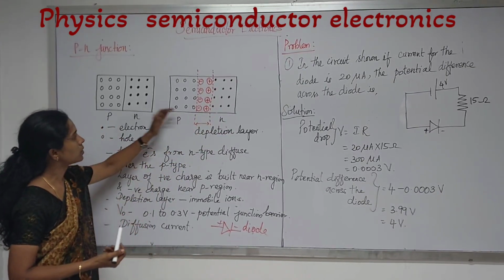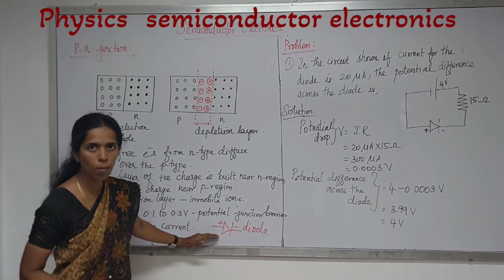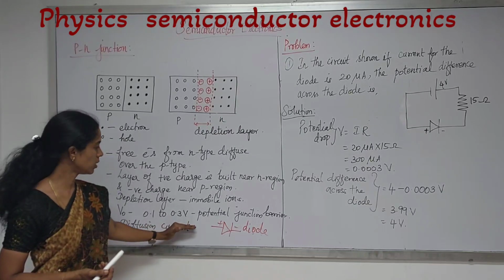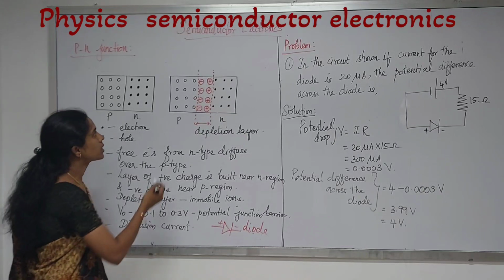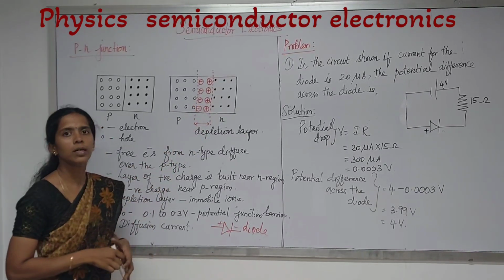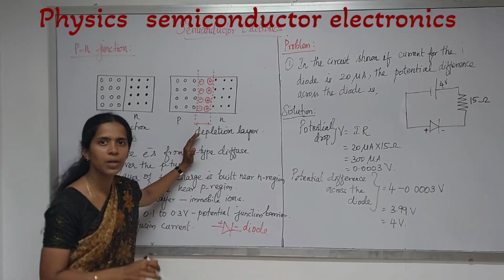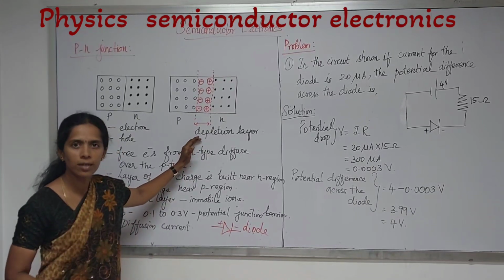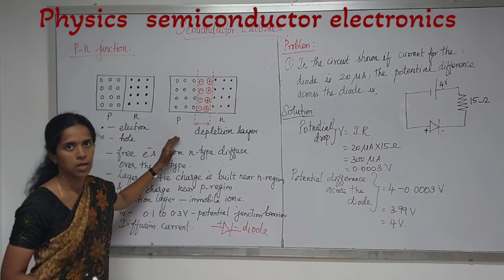Here a potential junction barrier is formed with a potential difference of about 0.1 to 0.3 volt. The current created due to this process is called a diffusion current, because the electrons and holes are diffused into the layer. So the current generated is called a diffusion current.